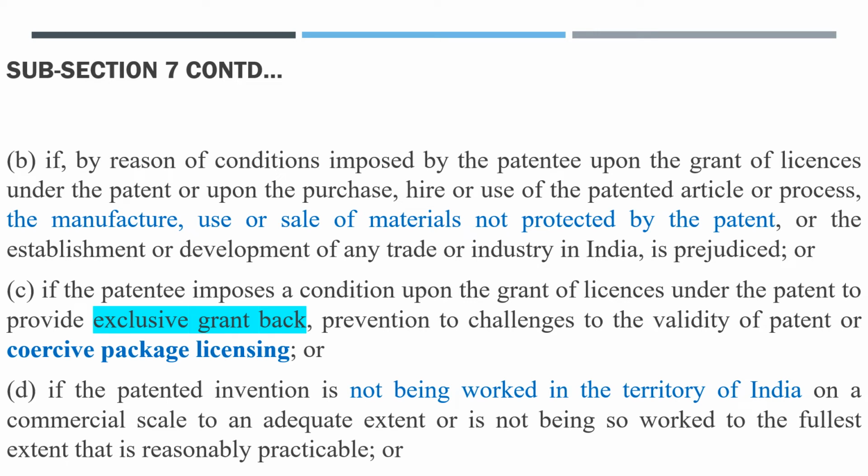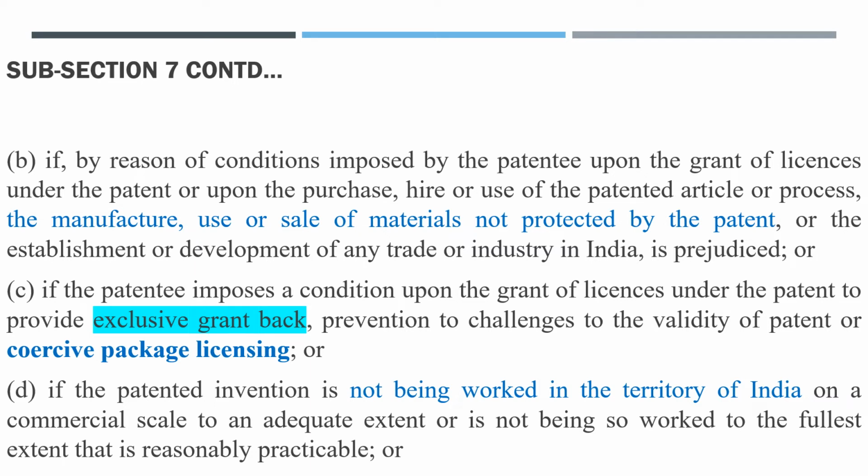If by reason of conditions imposed by the patentee upon the grant of licenses under the patent or upon the purchase, hire or use of the patented article or process, the manufacture, use or sale of materials not protected by the patent or the establishment or development of any trade or industry in India is prejudiced.